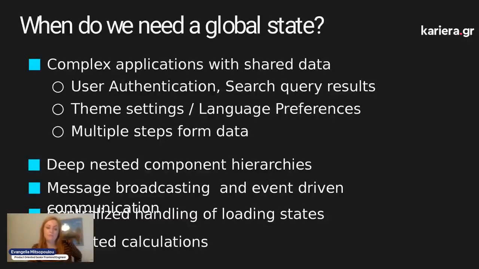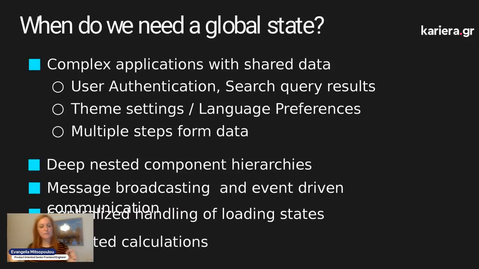Message broadcasting and event-driven. What do I mean with that? The core of frontend is event-driven communication. We broadcast all the time events when something has been clicked, when something has been received. For example, often we need to send data from a modal that we have open to another header, to another part of the application.